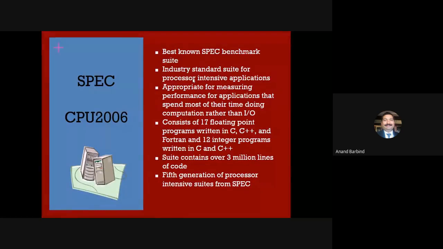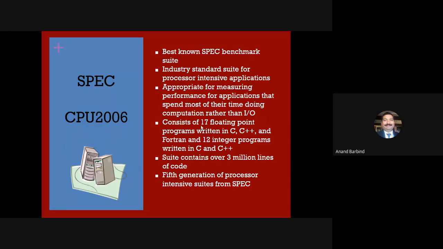So the applications which are processor intensive, that is usually for system programming, appropriate for measuring performance for applications that spend more of their time doing computation rather than IO. It consists of 17 floating point programs in C, C++ and Fortran, and 12 integer programs written in C and C++. So it consists of a total of 29 programs.